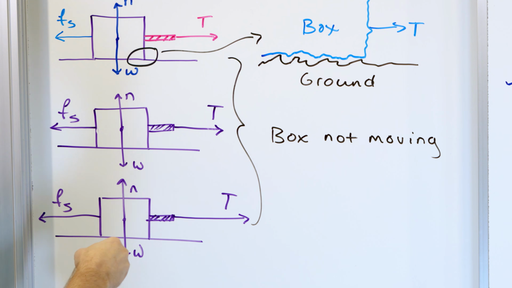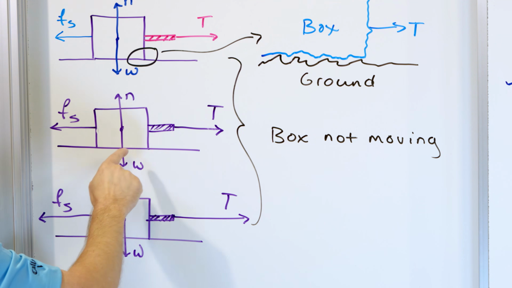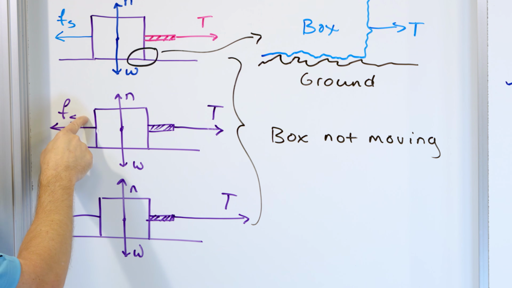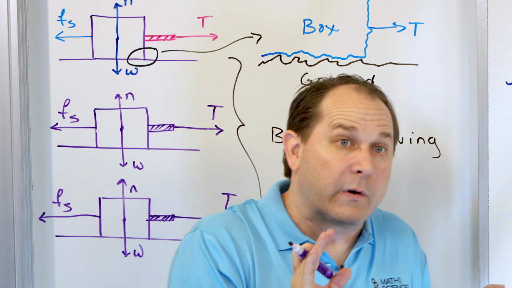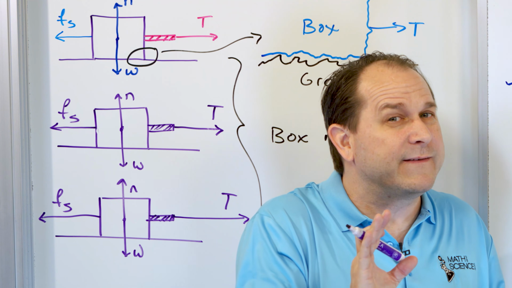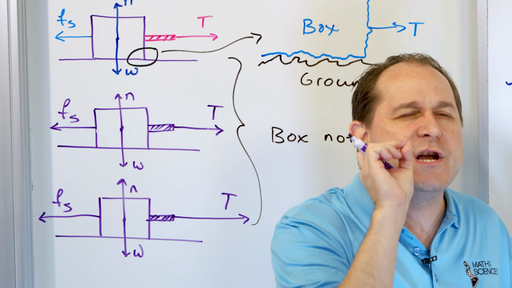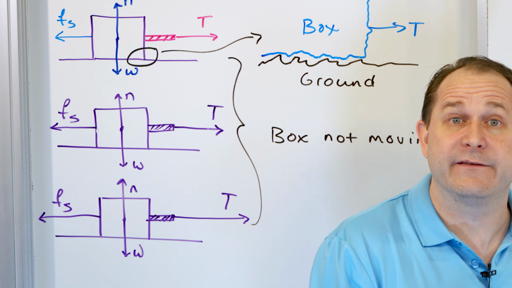When I pull, I get a frictional force. When I pull harder, I get a slightly bigger static frictional force. Eventually I pull right to the point where the box is just about to move, but I'm still on the safe side. It hasn't moved yet, but I'm one nanonewton, one tiny hair's breadth away from getting it to move.